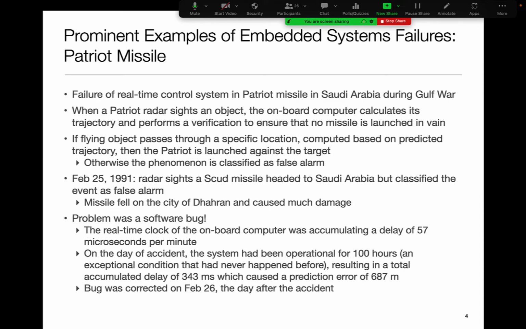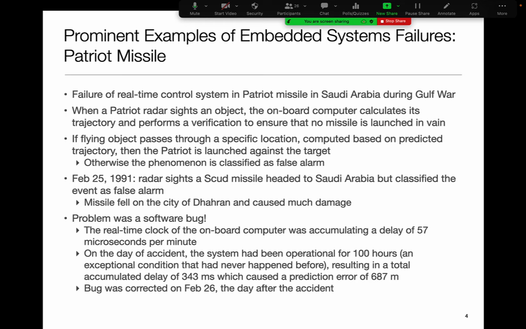This is the Patriot missile slide. I've already described to you the main issue here: the real-time clock which was maintaining the time was accumulating an error of 57 microseconds every minute. Sounds very tiny, but the consequence was that the longer the system was running after reboot, the more error would build up.